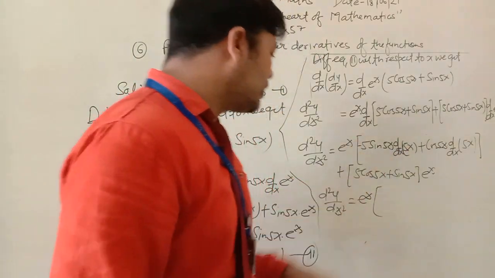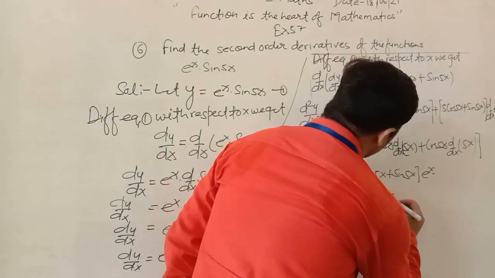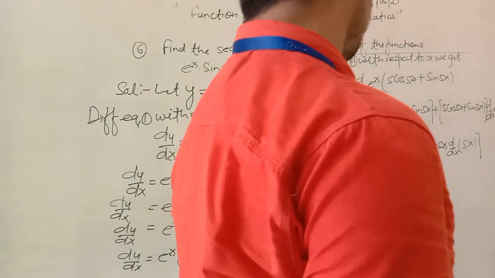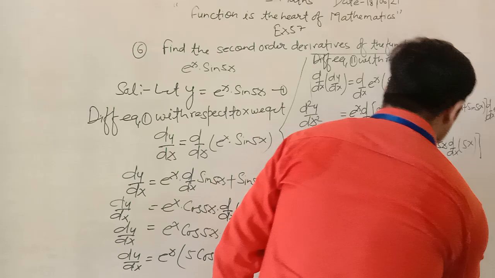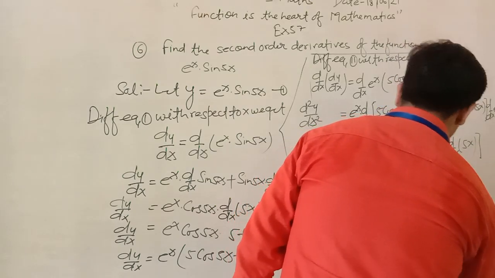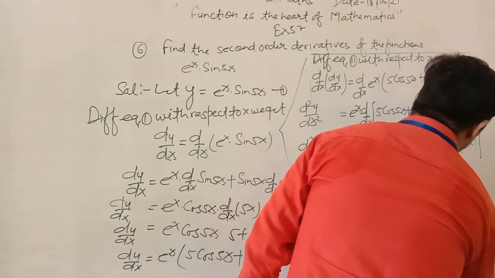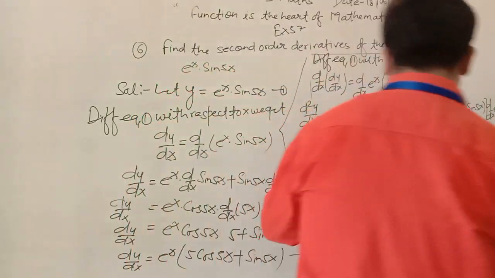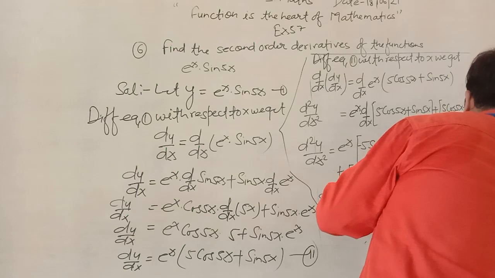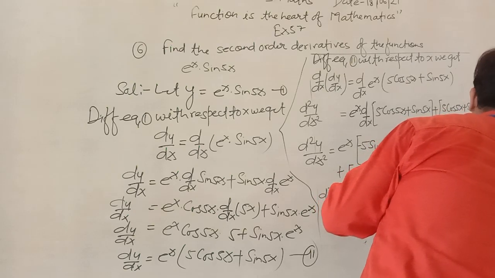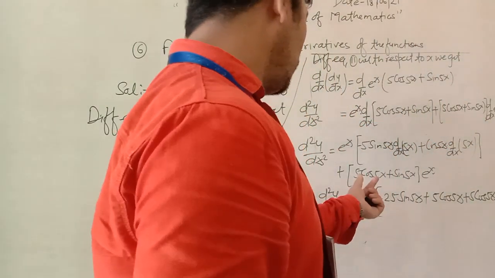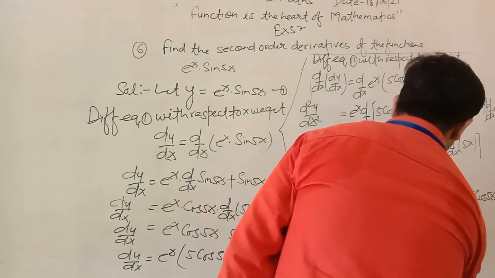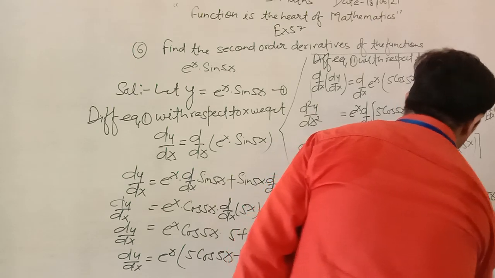So 5 fives are minus 25 sin 5x, plus 5 cos 5x, and also plus 5 cos 5x, and this one is equal to sin 5x plus sin 5x.